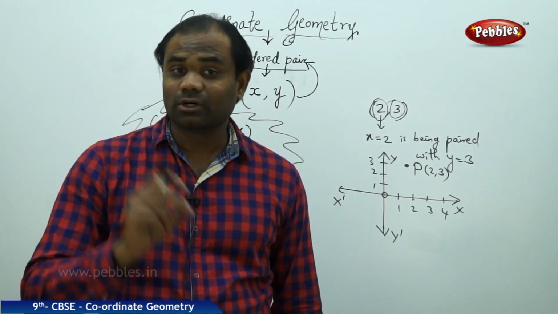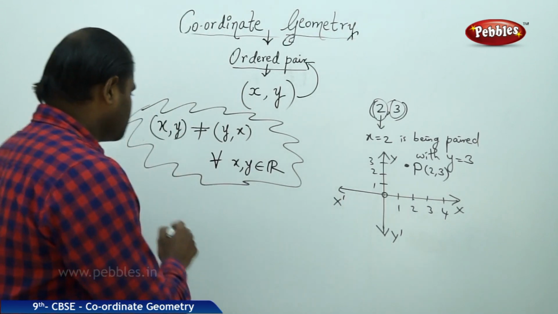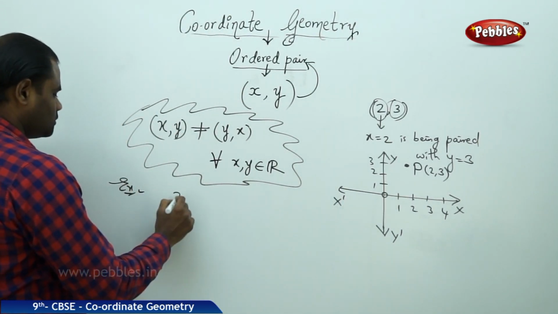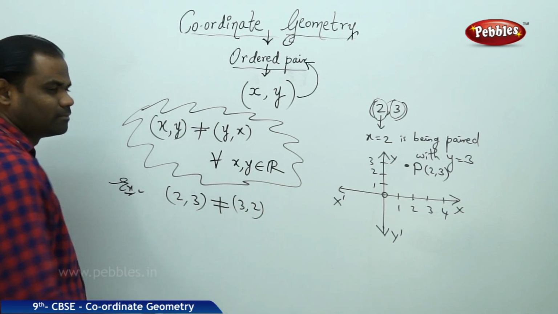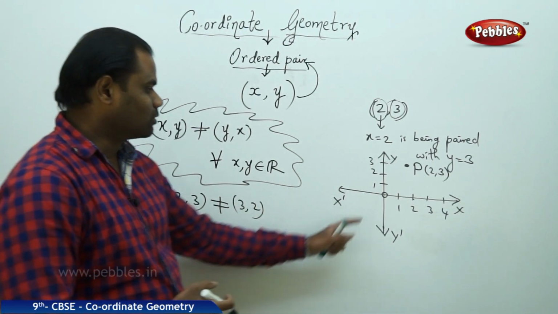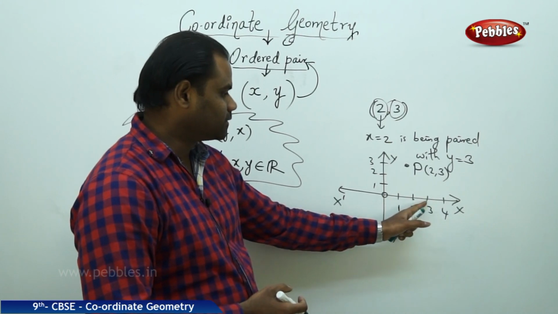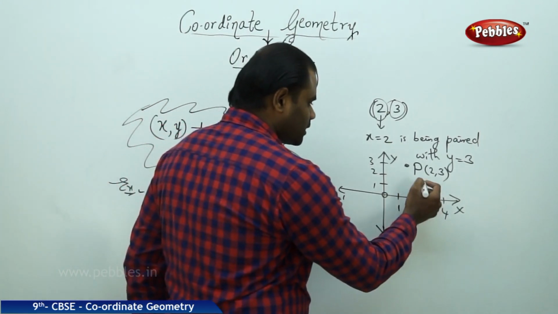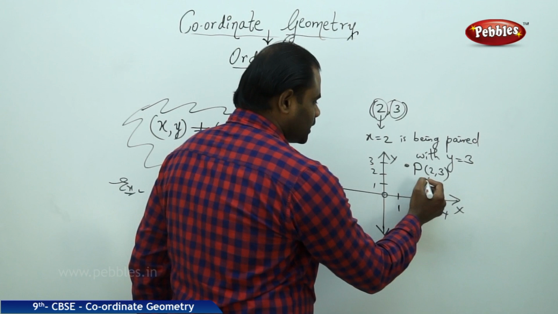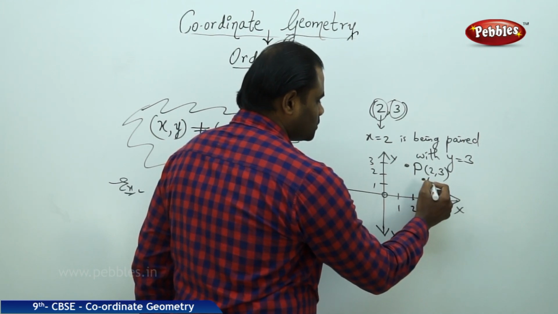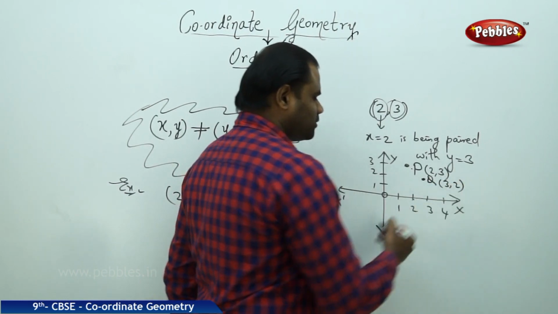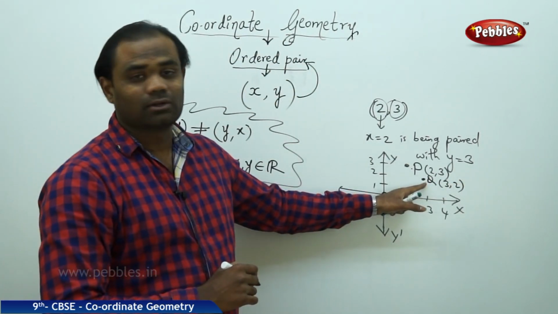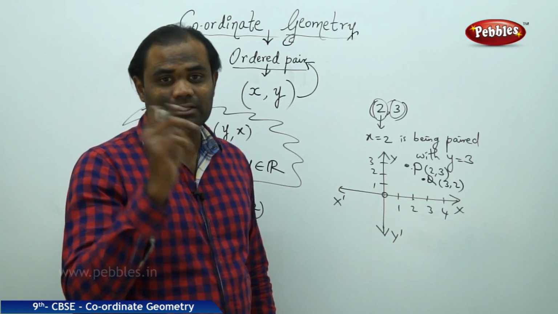The pair must be ordered. For example, the point (2, 3) cannot be equal to (3, 2), which can clearly be verified because (2, 3) is here, and when I take (3, 2), I move 3 units right and 2 units down, and then I get this point to be Q. Therefore, (3, 2) and (2, 3) are not plotted at the same point.